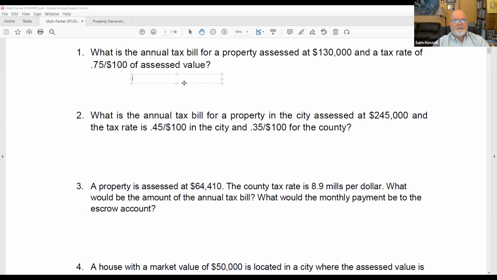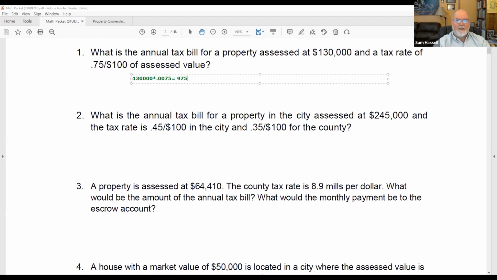In this particular case, we're going to take our value and multiply it by 0.0075. Remember, we moved those decimal points 2 places to the left. And that's going to equal $975.